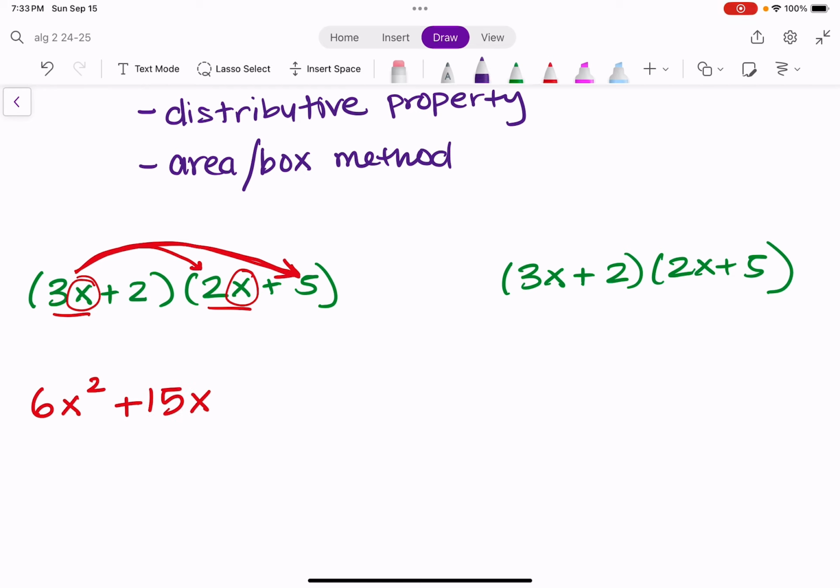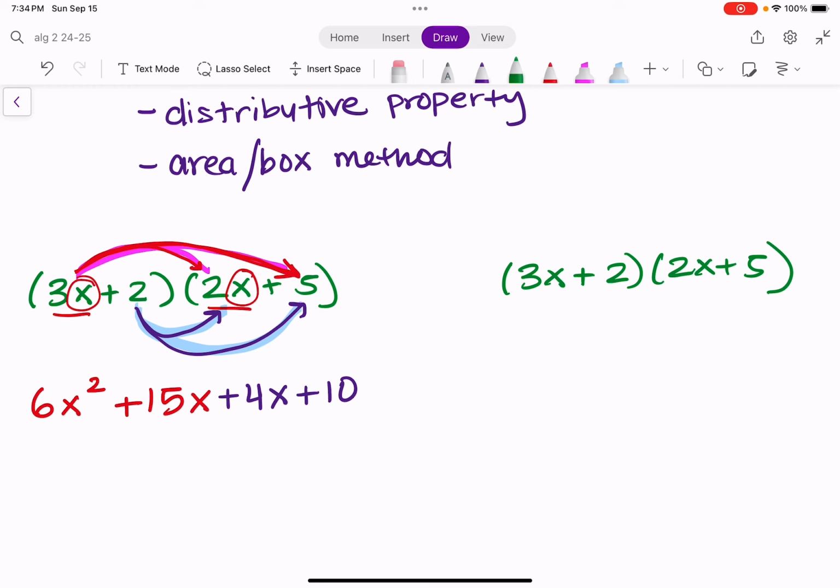Now I take the second term and multiply it again to both things. So 2 times 2x is positive 4x, and 2 times 5 is 10. Again, you're multiplying the first term to both terms in the second parentheses, and the second term to both things in the second parentheses.